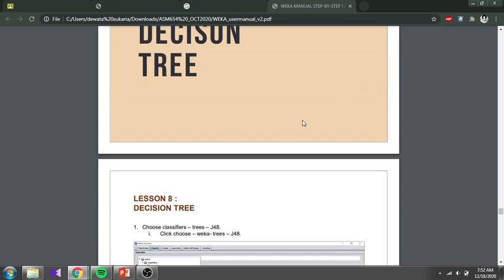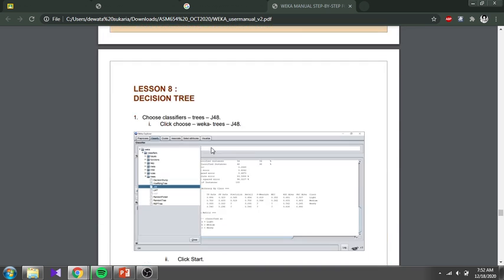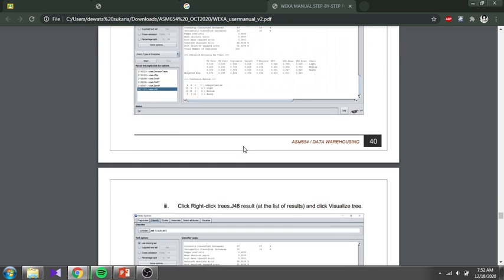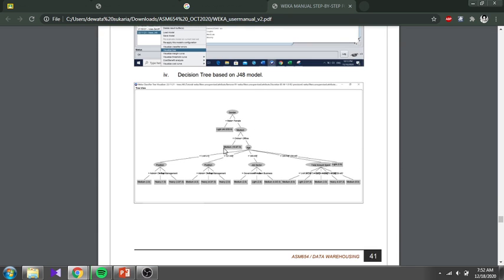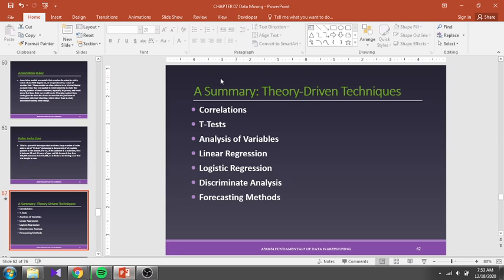It is related to the decision tree, right? Decision tree is also included. So we try to relate this to our group project later on, to have a better understanding of your lesson for this topic.